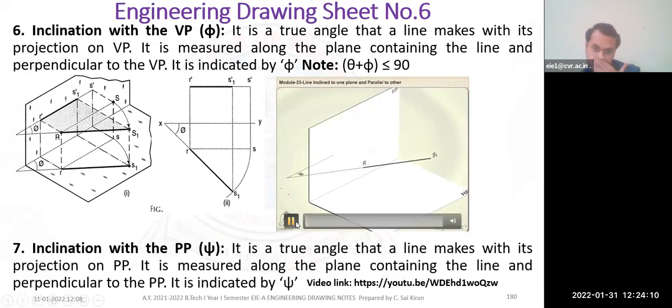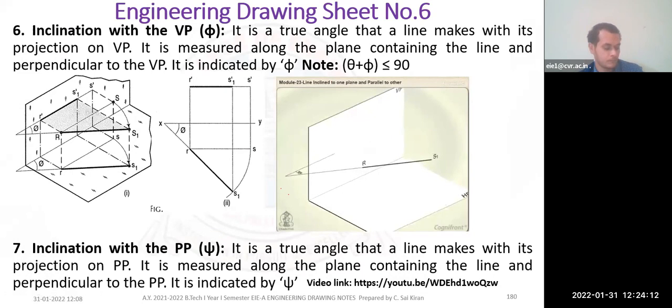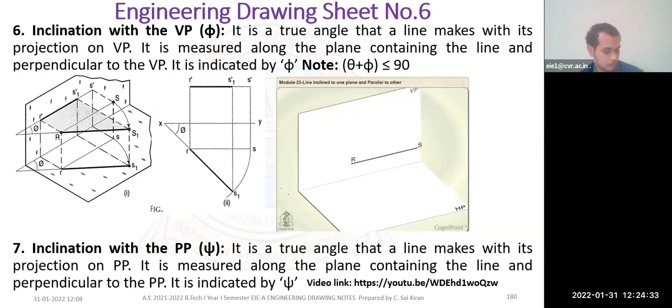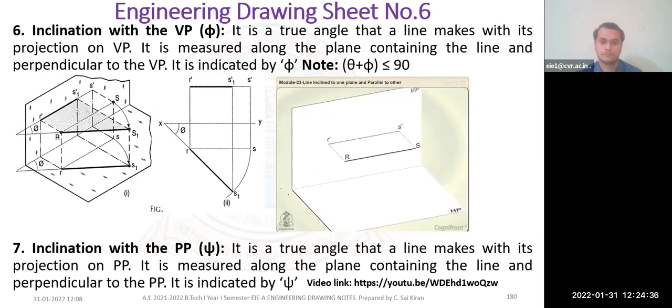Line RS1 is inclined at an angle phi to the VP and it's parallel to the HP. The inclination is shown by the angle phi which RS1 makes with its projection on the VP. That is the front view R dash H dash 1. Assuming the line to be parallel to both the HP and the VP, its projections R dash, H dash and RS are drawn parallel to XY and equal to its true length.